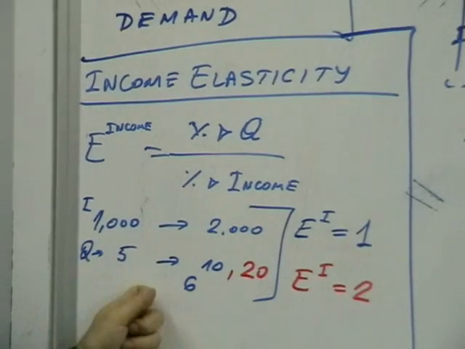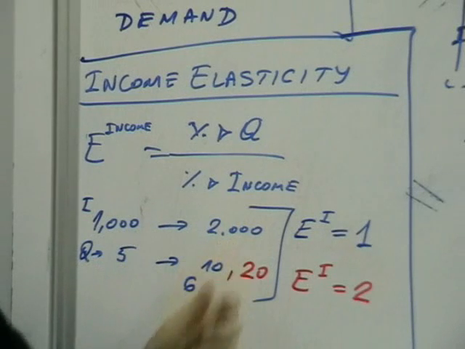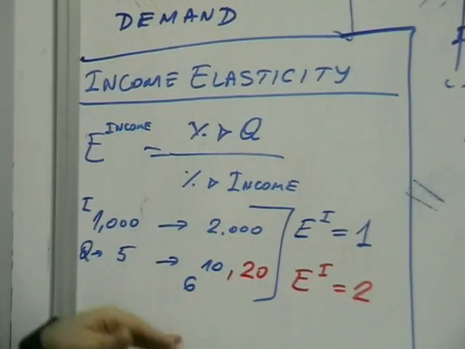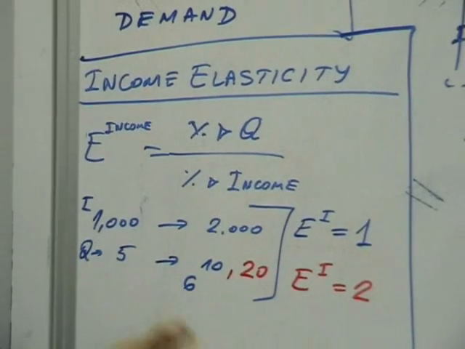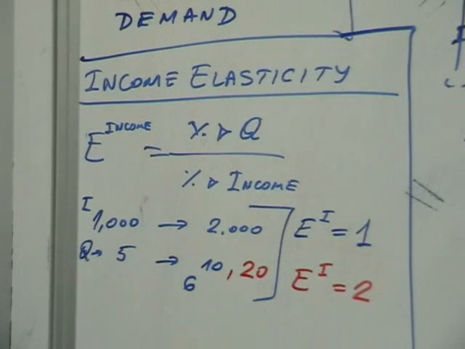Is the good normal? I increased from 5 to 6 when my income went up from 1,000 to 2,000. Yes, it is perfectly normal. Actually, this is a very realistic example of income elasticity of food for fairly well-fed people, those that aren't starving, those that aren't truly poor and underfed.